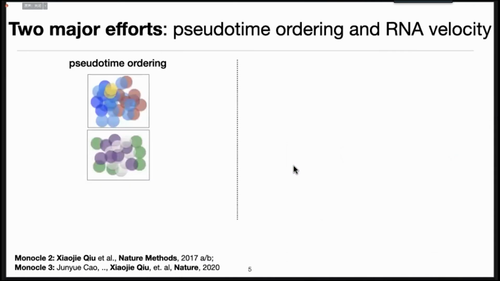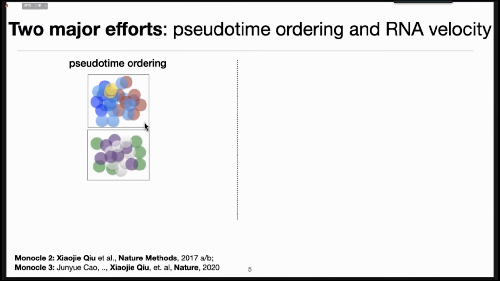So in my view, there are about two major efforts in the past few years that really move towards this overarching goal of gaining models or theories for biology. The first one, in my opinion, is pseudotemporal ordering.